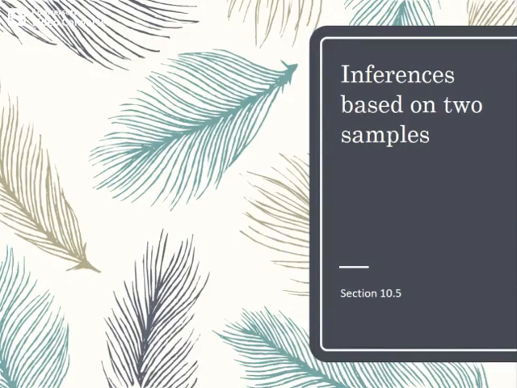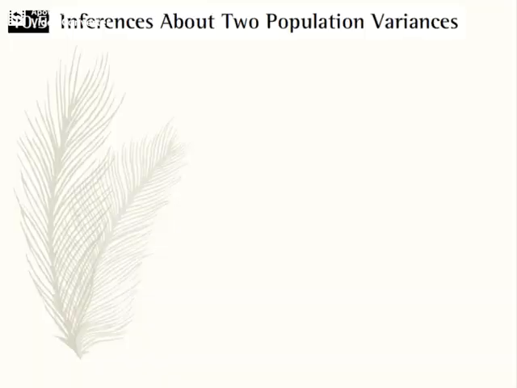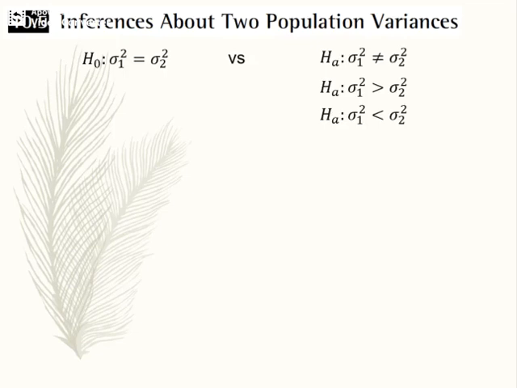In section 10.5, we will be looking at inferences about two population variances. Let's start off with the hypothesis test. This is going to be the hypothesis test that you're going to look at. It's always going to be for equal variances, so you don't have to worry about the difference being anything. We don't even talk about the difference.